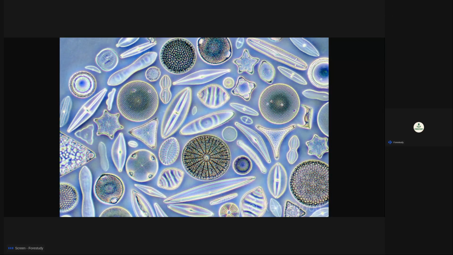Different shapes and sizes they come in. I'm showing you images so that you can remember it very well, because pictorial representation of data is very good for our memory. So these were diatoms.